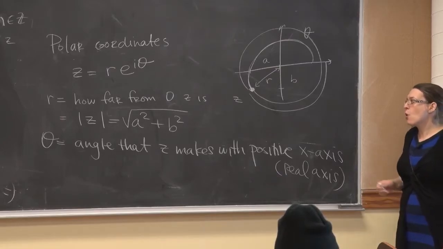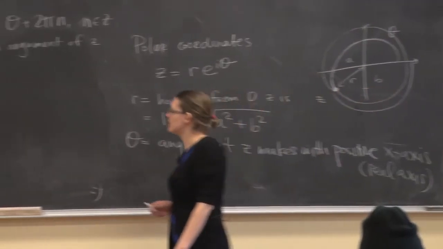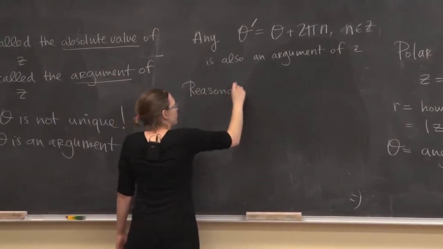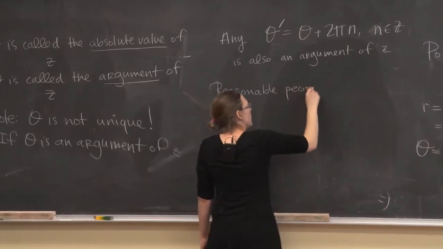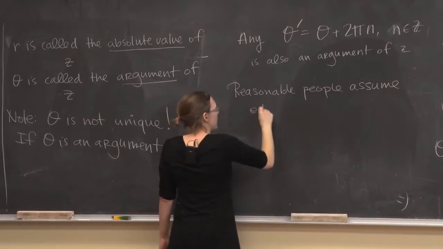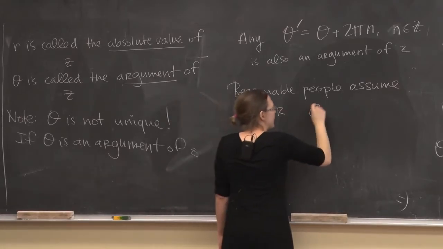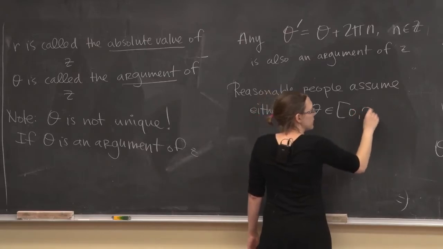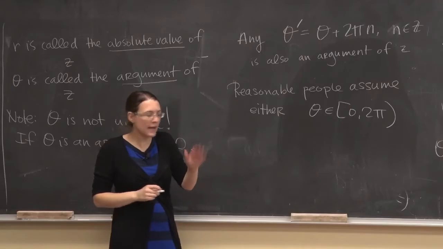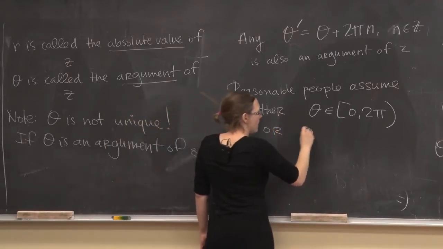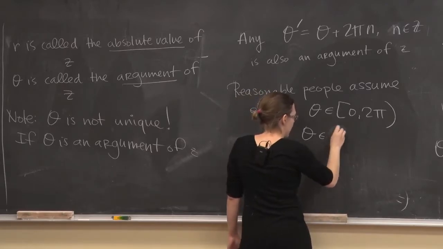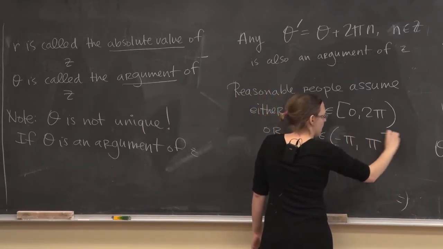Okay, and so most of the time, reasonable people assume either that theta is between 0 and 2 pi, so they start counting and they go like that, or that theta is between minus pi and pi.